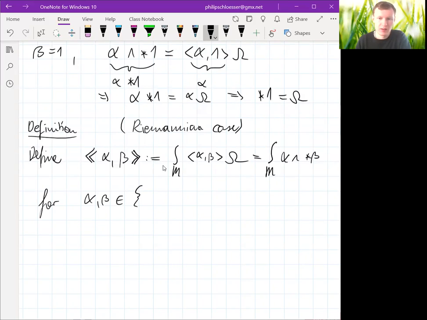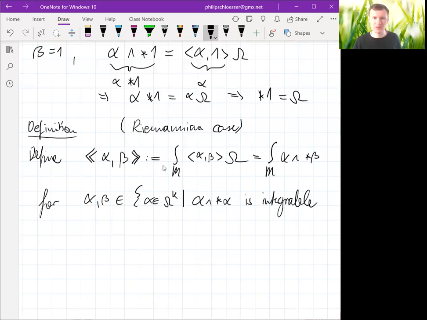For alpha and beta in the set of k-forms where, I guess you could say, alpha wedge star alpha is integrable, which just means that the integral for alpha and alpha exists and is finite.